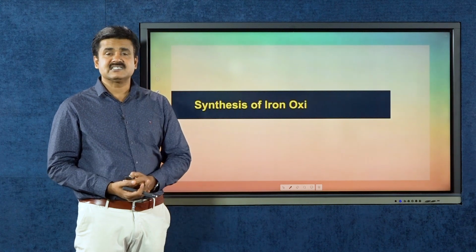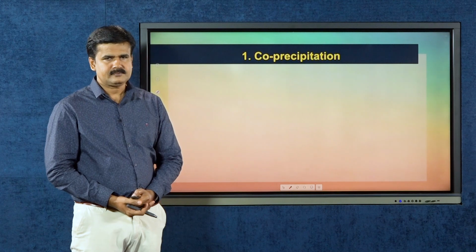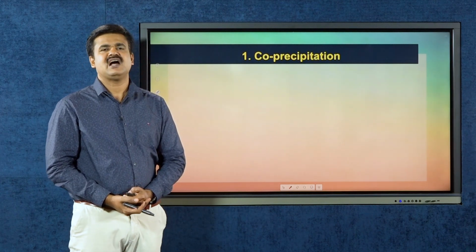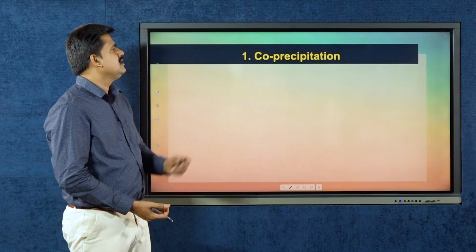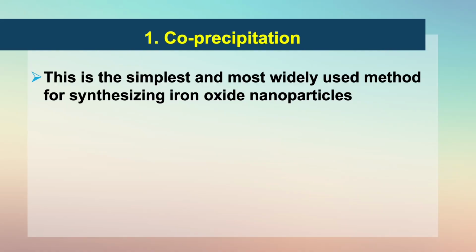Now, the synthesis of iron oxide nanoparticles. There are several methods for the synthesis of iron oxide nanoparticles. The first method is co-precipitation. This is the simplest and most widely used method for synthesizing iron oxide nanoparticles.